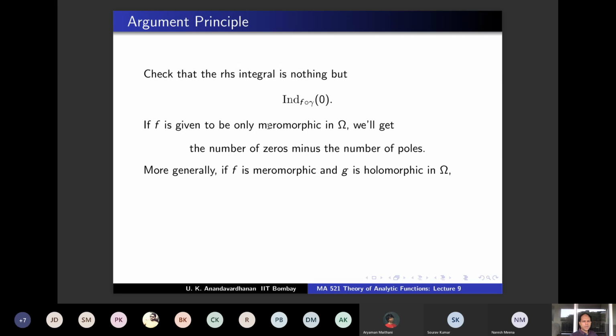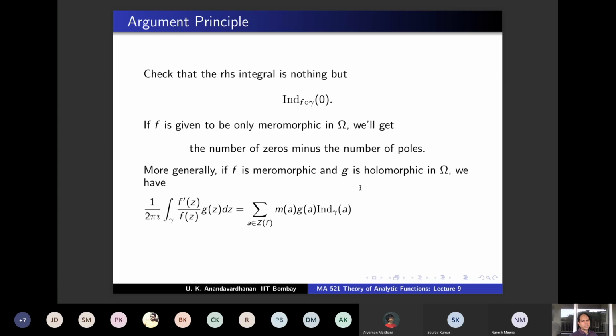If f is meromorphic and g is holomorphic, and if you don't assume simple closed, etc., you will have to throw in the index also. You can get integral over gamma of f prime by f times g. If this g is analytic, this will be the summation over the zeros of f counted with multiplicity, g evaluated at a, and the index. Index came in our proof.